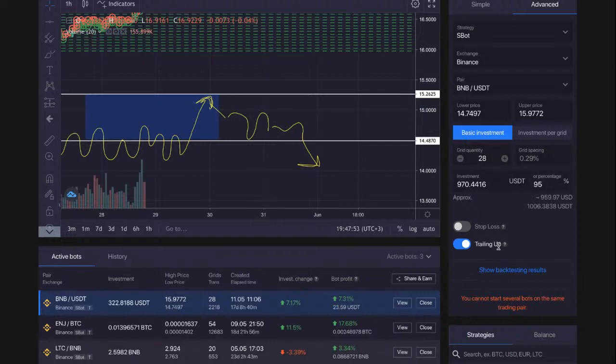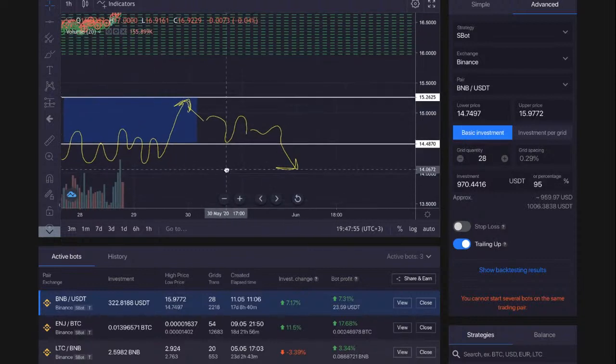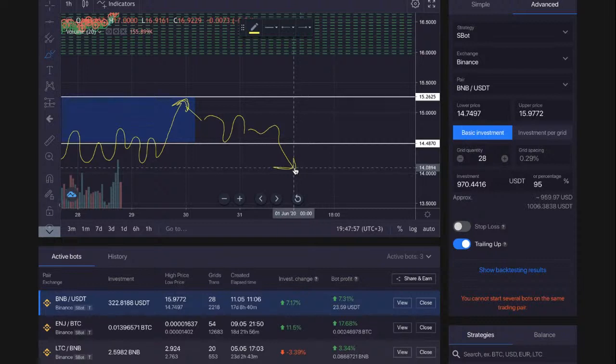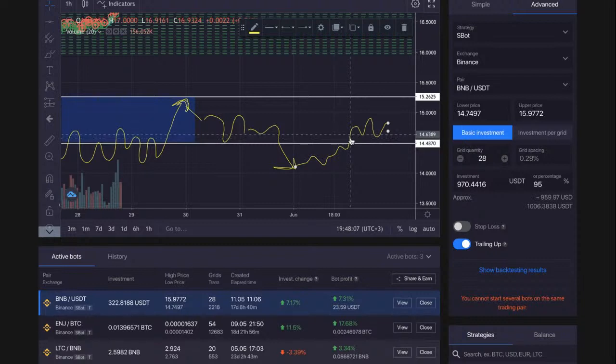And the idea of trading up is to only follow the price appreciation, and let's say from that point the price then bounces off and again it re-enters the trading range. So at the point when it re-enters the trading range, the trading will continue once again.